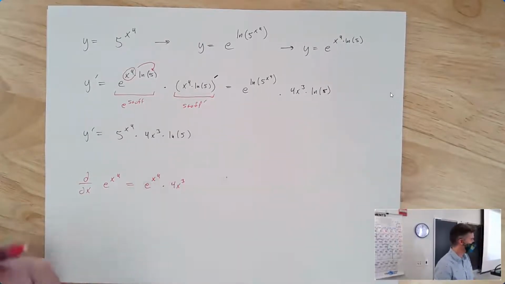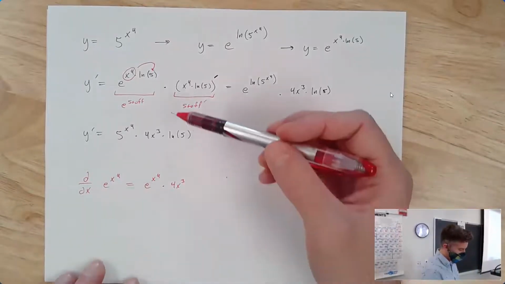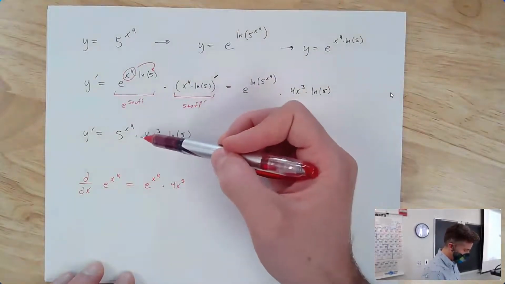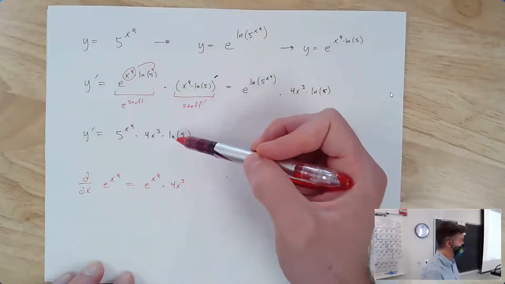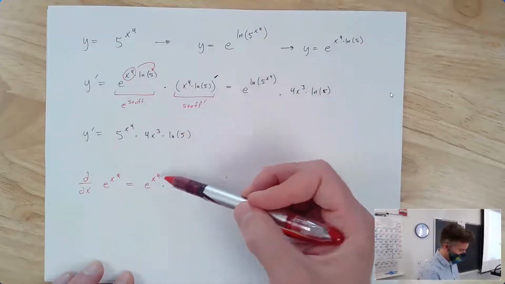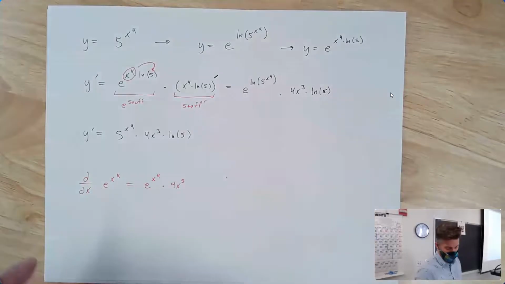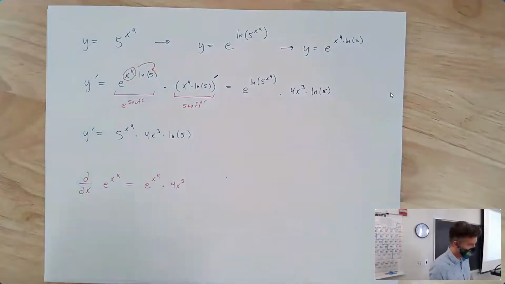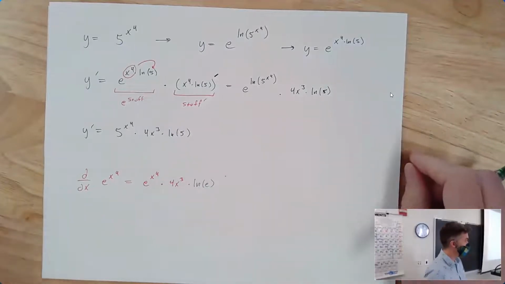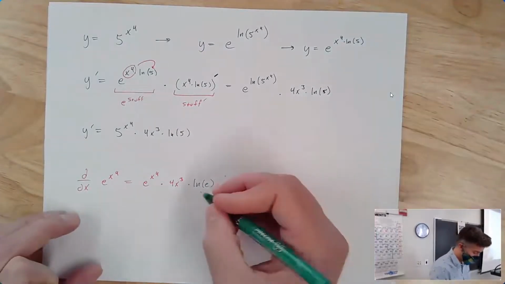The derivative of the stuff. So here's the difference I'm seeing. The derivative of 5 to the stuff is 5 to the stuff times the derivative of the stuff times the natural log of 5. Whereas the derivative of e to the stuff is just e to the stuff times the derivative of the stuff. If you really wanted, you could toss in a natural log of the base, but you don't need to because the natural log of e is just 1.